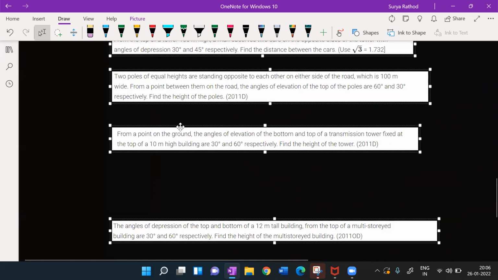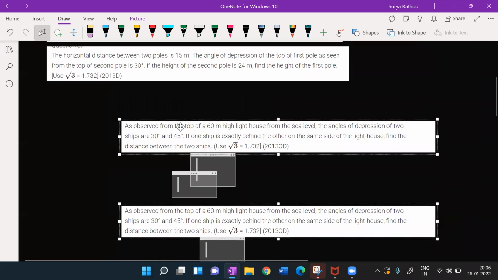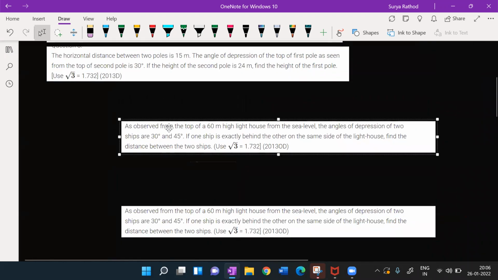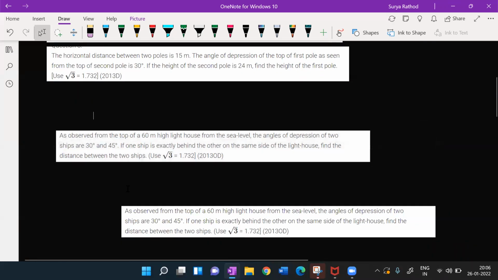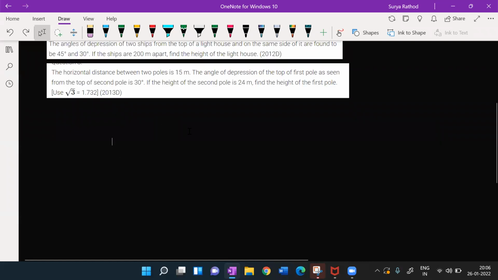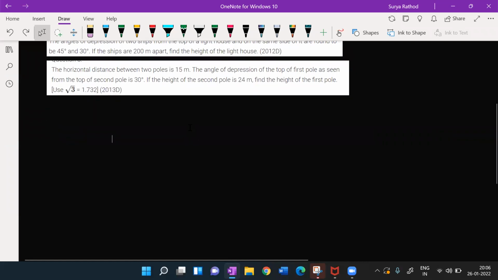Sir, should I find the answer with the root 3 value? No, sir. They have given the root 3 value. I'll plug it in. Yeah. Sir, I'm done. I got it with an integer value.